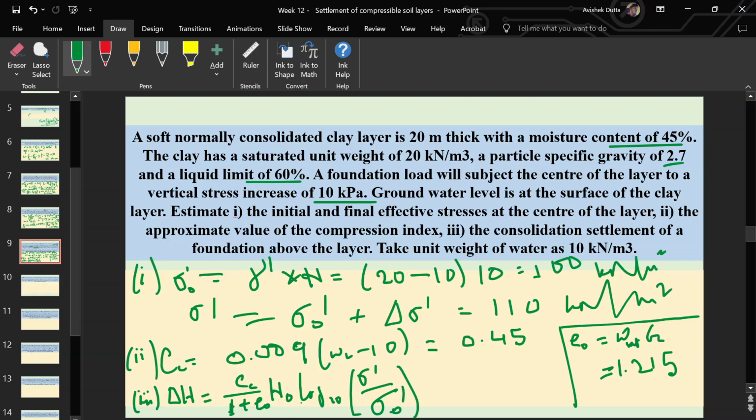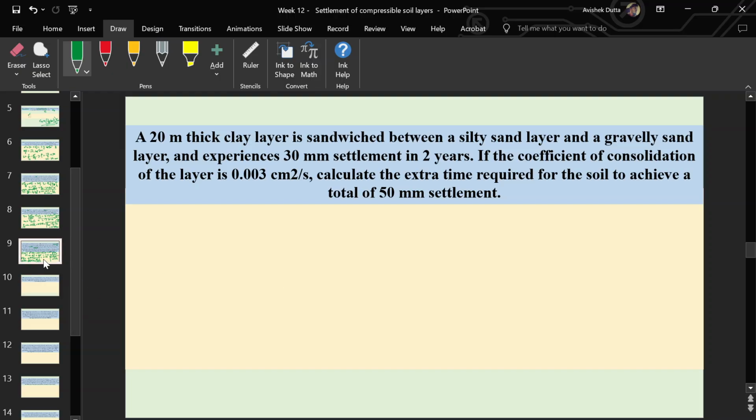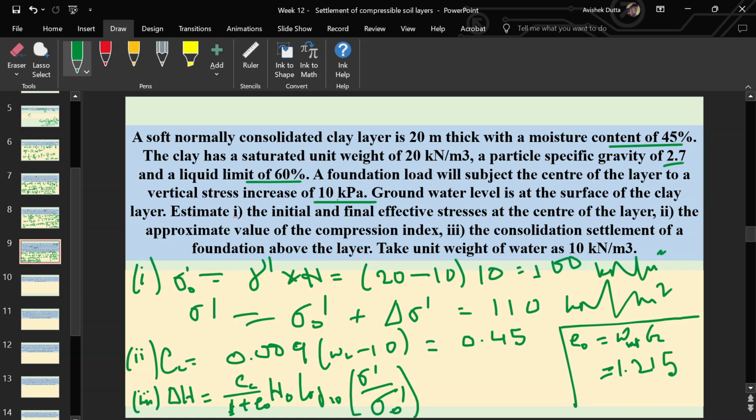H0 is 20, the thickness of the clay layer. Cc we have found out 0.45, e0 is 1.215. Put the values, you will get approximately 16.82 centimeters.